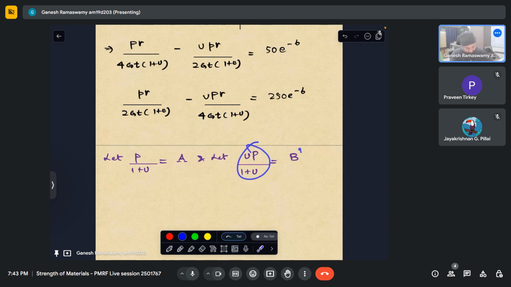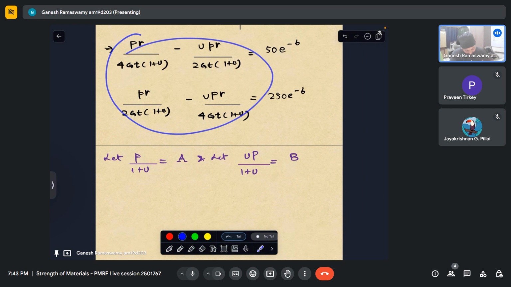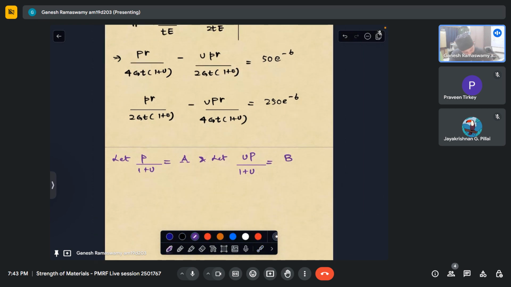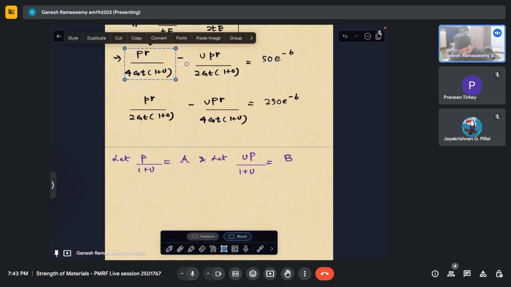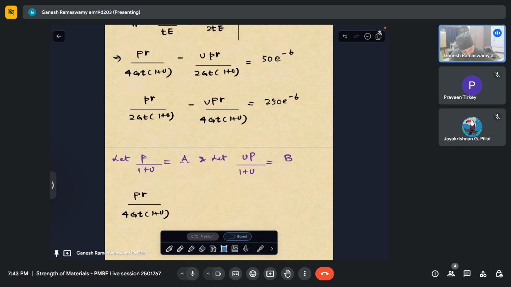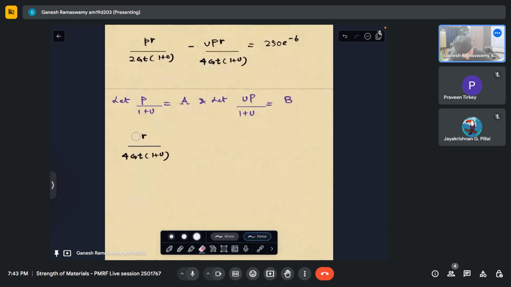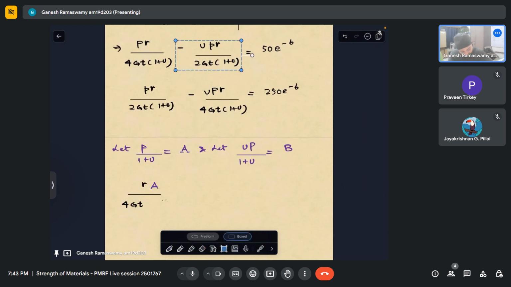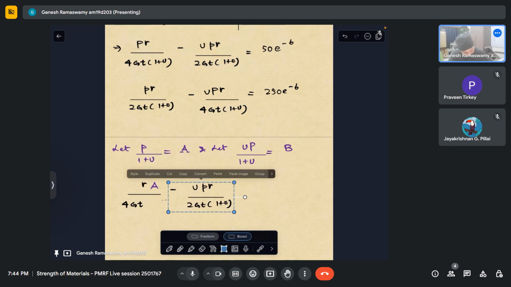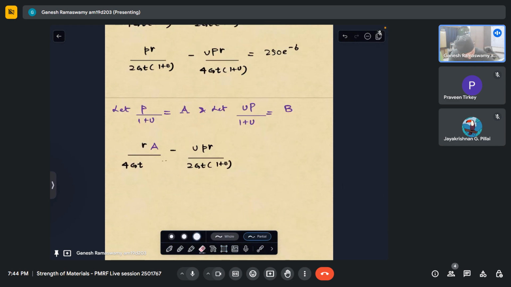It will be the same quantity, except P and 1 plus mu will not appear. And this will be A minus B, equal to 50 microstrain.